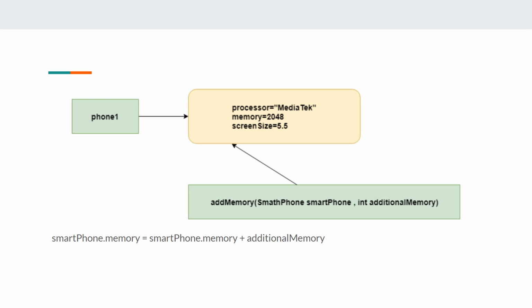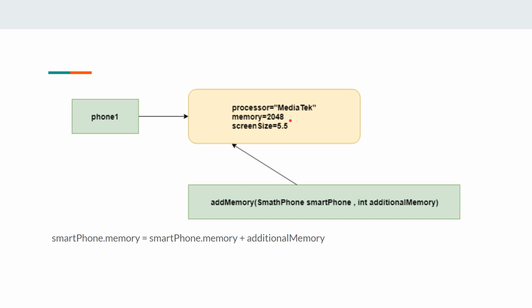We can see that both the phone1 reference in the main method and the smartphone reference, being a parameter of the addMemory method, point to the same object in memory.